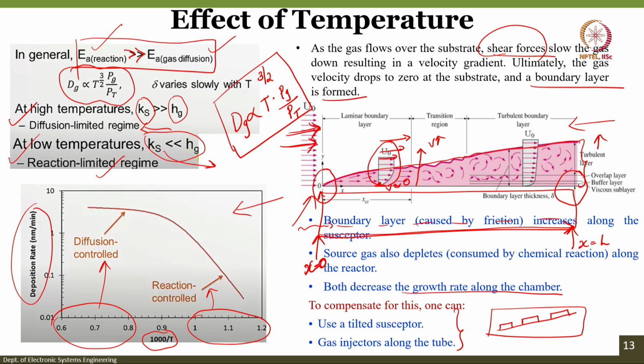As well, you can inject the precursor molecules at different points along the length of the reactor instead of injecting them only at the beginning. These are a few steps we can take into consideration while designing a CVD chamber, taking into account the boundary layer thickness and the depletion of the source gas molecules.